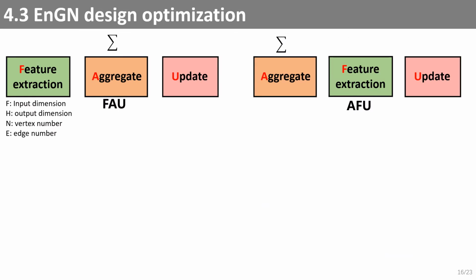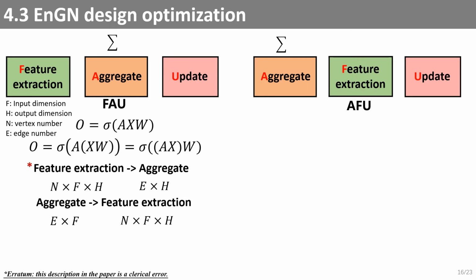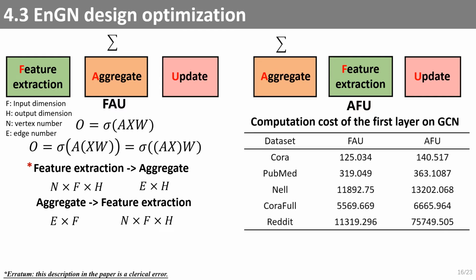When the aggregate is summation, the processing order of the GNN stages, the feature extraction, aggregate, and update stages, will not affect the results, but it can change the total number of operations in a GNN. For aggregate, the order of GNN computing leads to different numbers of operations. When FAU is used, the number of operations is E multiplied by H. When AFU is chosen, the number of operations becomes E multiplied by F. We also give a computation cost of the first layer of GCN model.